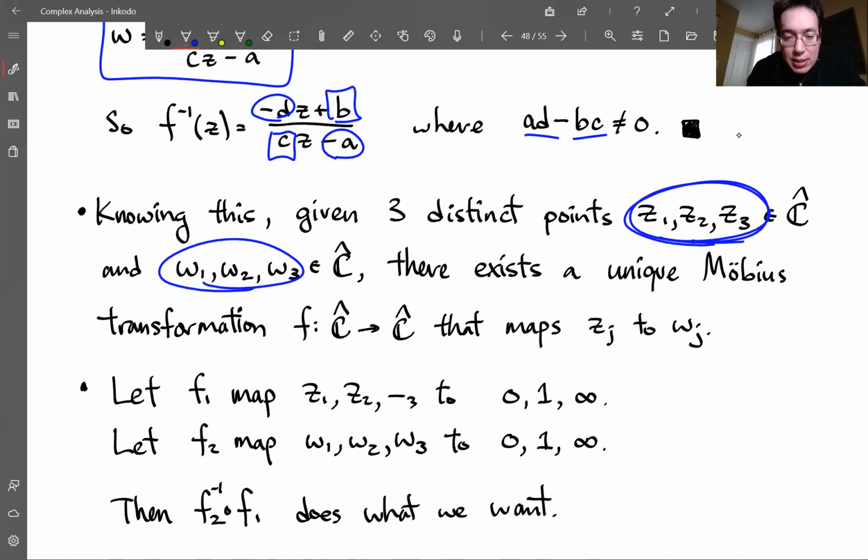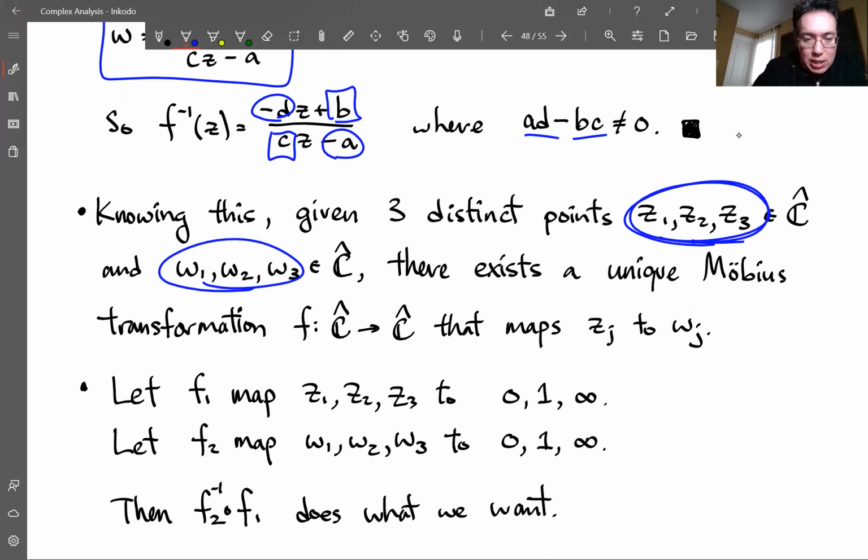And we can find a Mobius transformation F1 that maps the first triplet to 0, 1, infinity, and F2 that maps the second triplet to 0, 1, infinity, respectively. And what we could do is that we can compose these two.